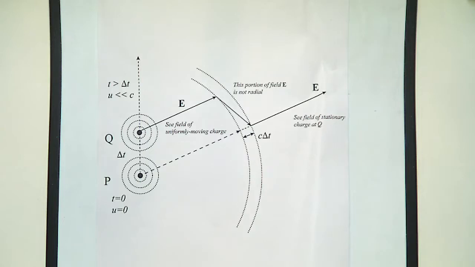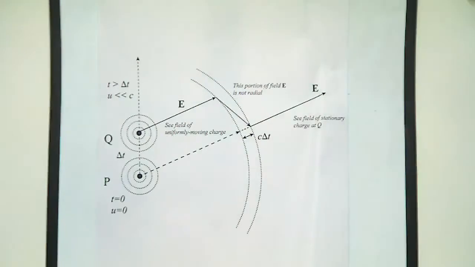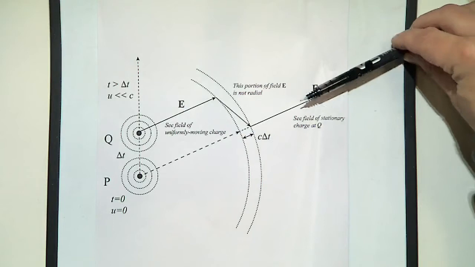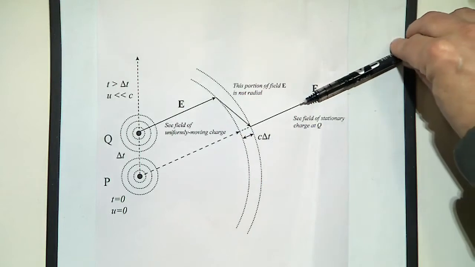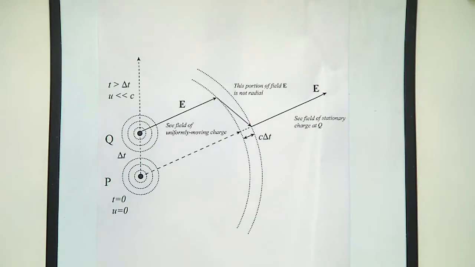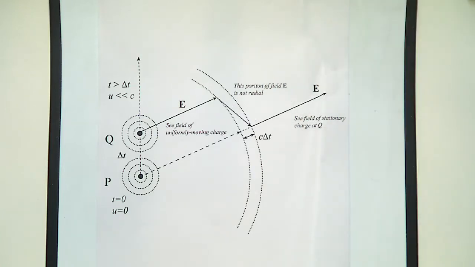So after the acceleration has occurred, this electric field line here is now moving uniformly, albeit with a small velocity, and its field line afterwards is parallel to the original field line, which, of course, when you view it far away, the observer initially sees the old electric field, but after a sufficient retarded time has elapsed, you will now see the new field, which has shifted over slightly, and the region over which the field has shifted must be equal to the speed of light times the duration of time over which the acceleration occurred.